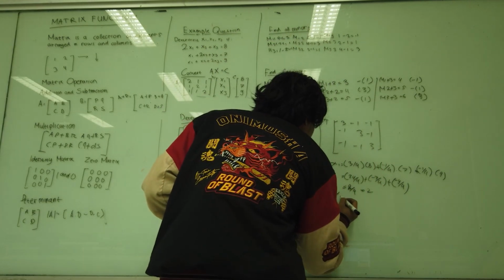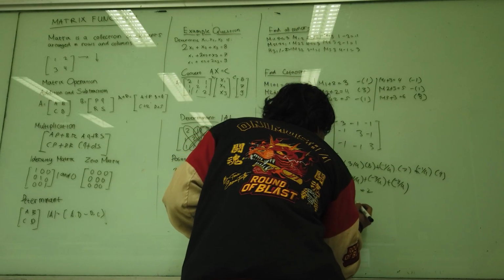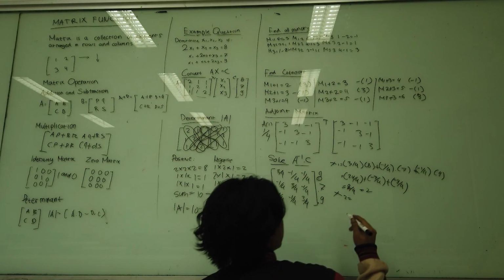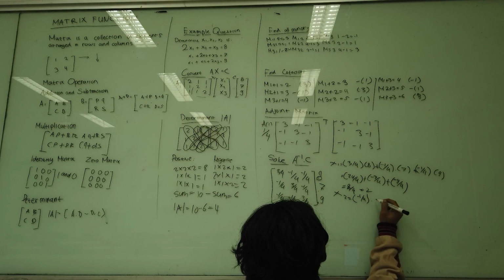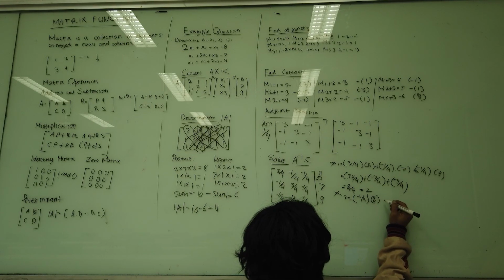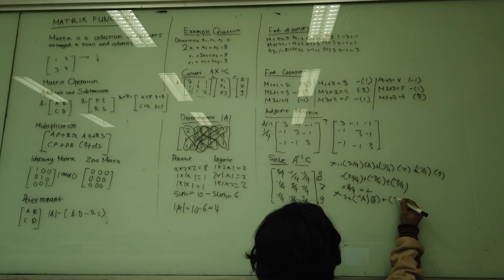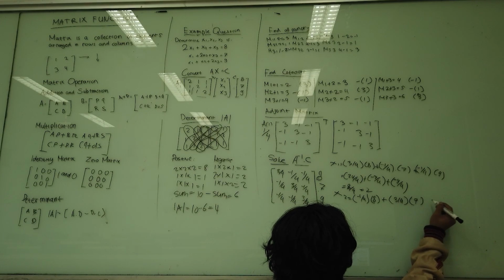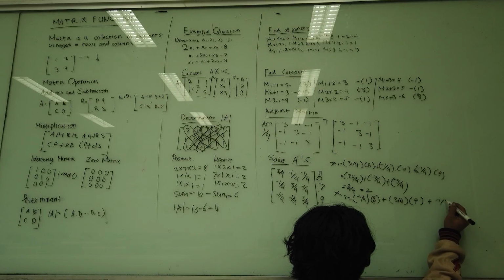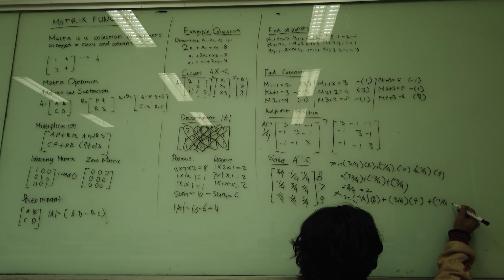And then do it the same with the other parts, which is minus 1 per 4 times 8 plus 3 per 4 times 7. Lastly, minus 1 per 4 times 9.